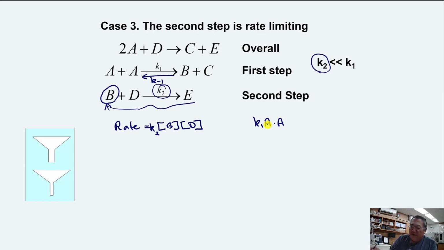In the reverse direction, the reaction rate is going to be equal to K minus 1 times B times C. I'm just going to use letters like that.